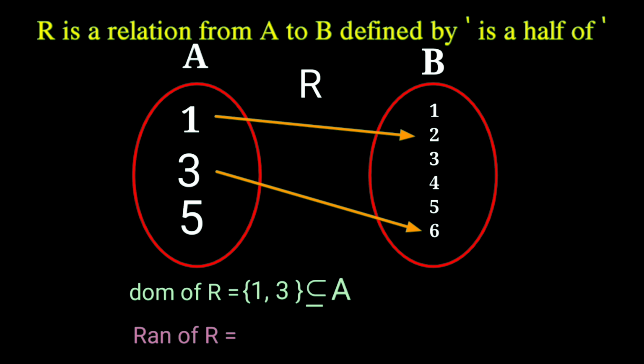Here, what are the images? Images are the elements in the second set of the relation R which are paired. They are 2 and 6. 2 is the image of 1 and element 6 is the image of 3. So, in this case, range of R is equal to set of 2 comma 6. It is very clear that it is a subset of the second set B. So, range of the relation R is a subset of the second set B.